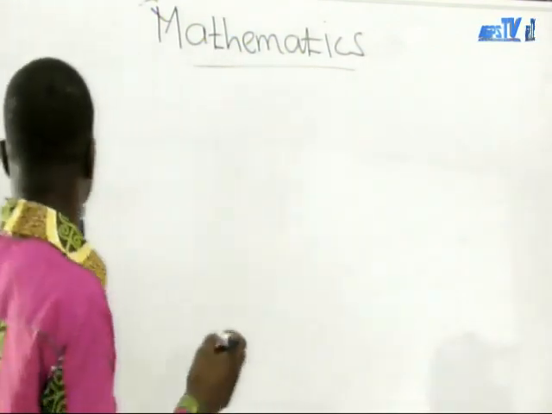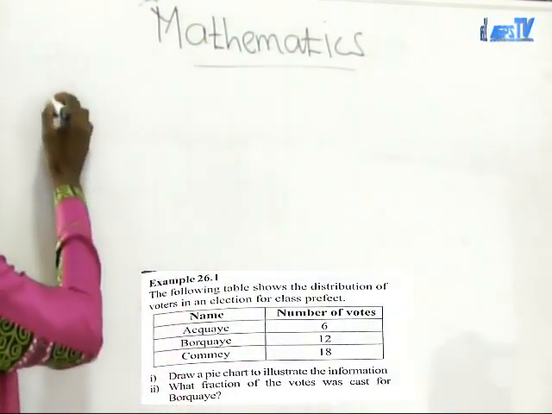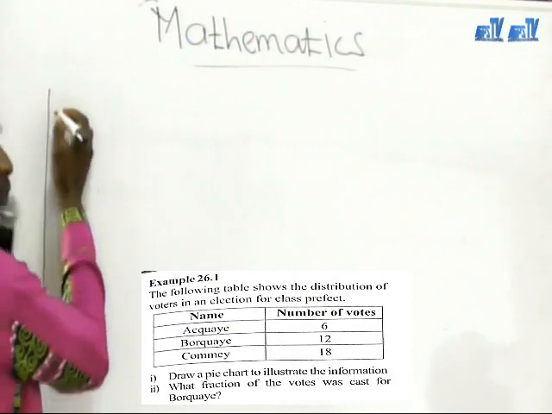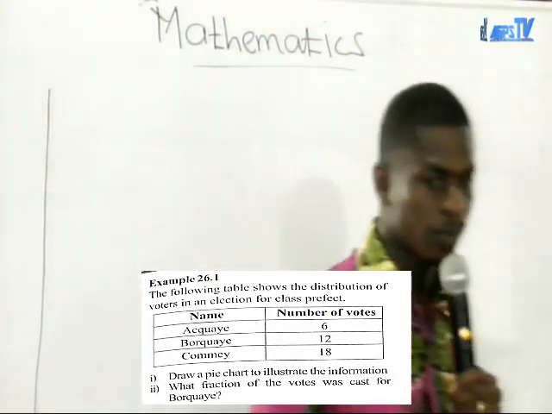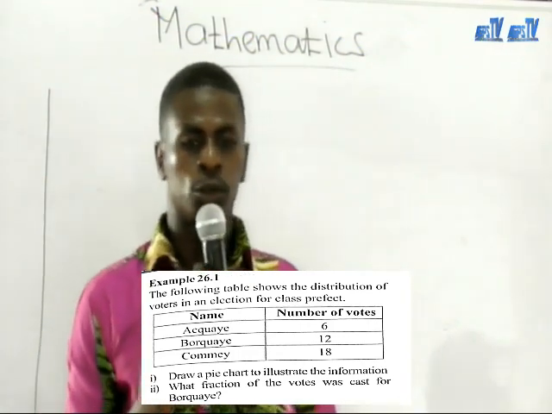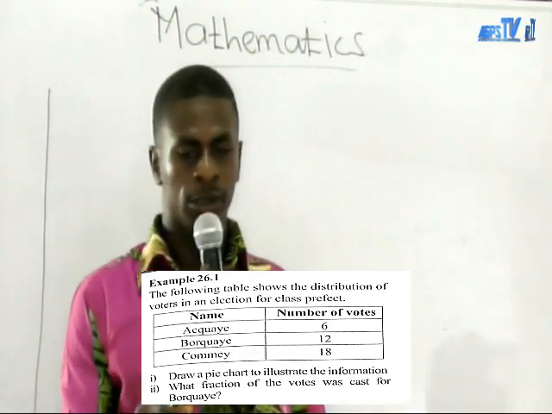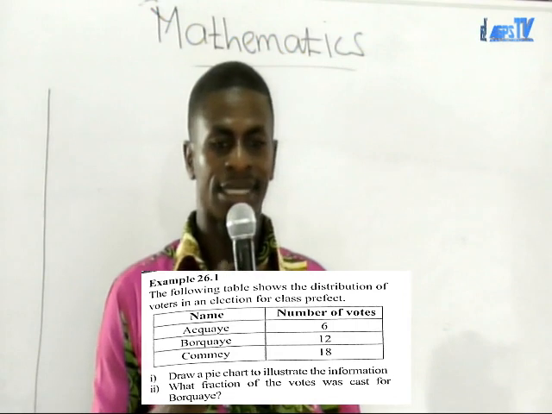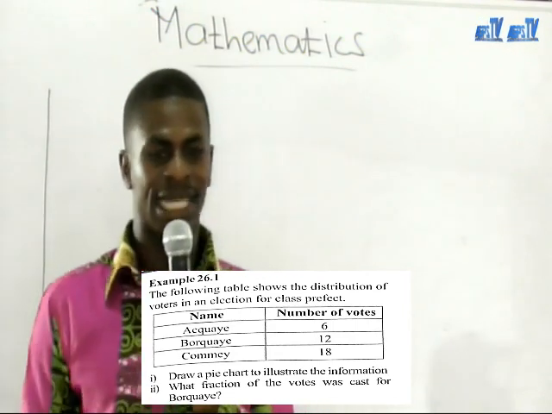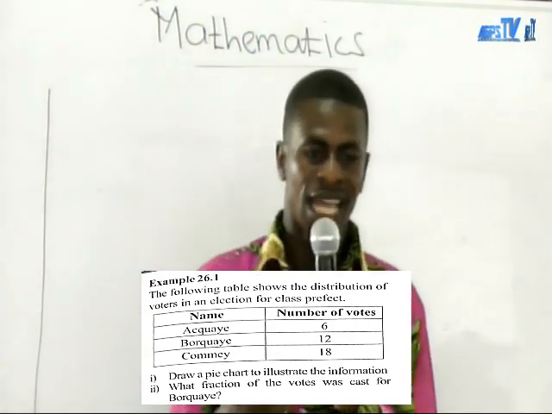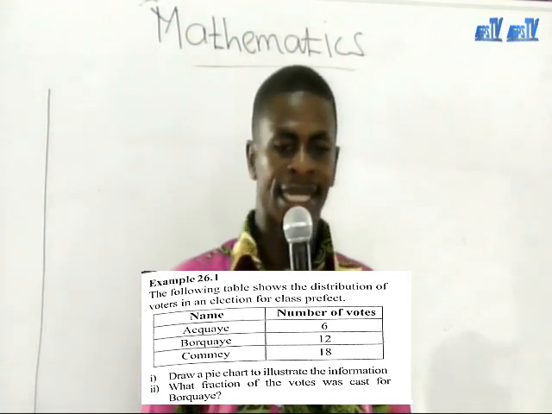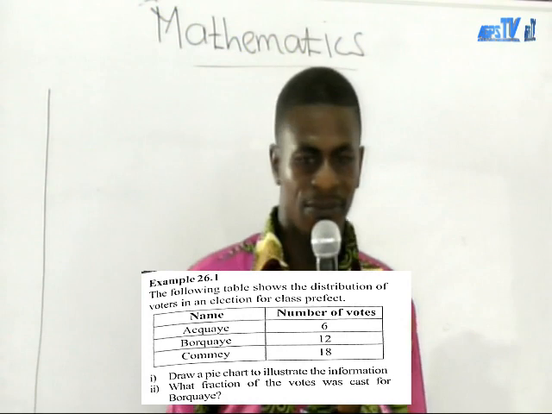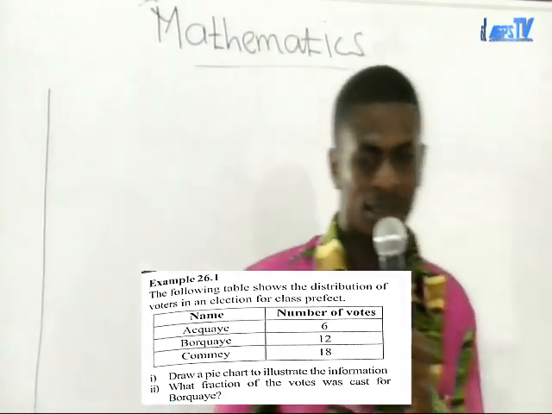Now, if you see what is on the screen, it says that the following table shows the distribution of votes in an election for class prefect, like I've said earlier. And then we have the names of the candidates, and then we have the various votes they have amassed.